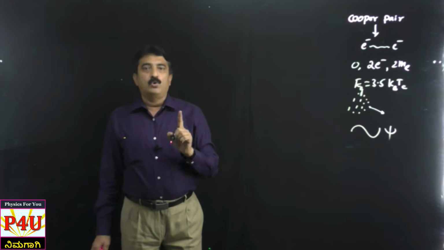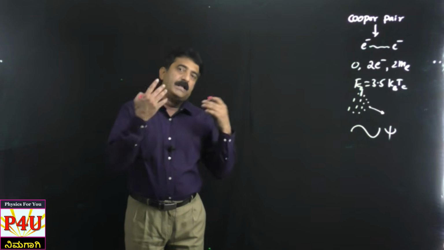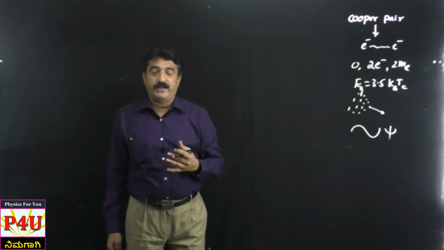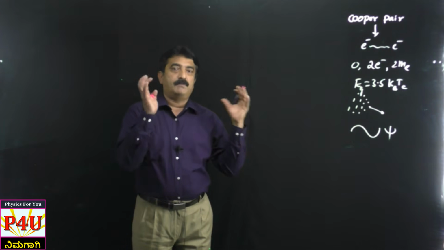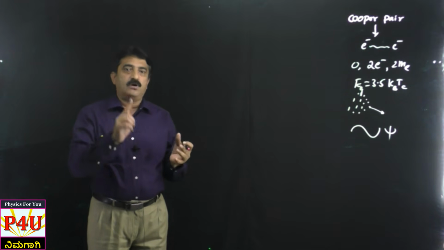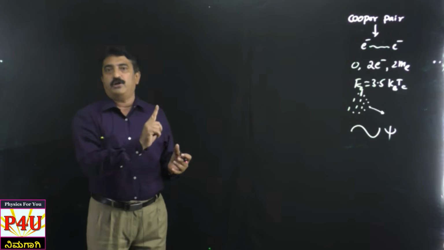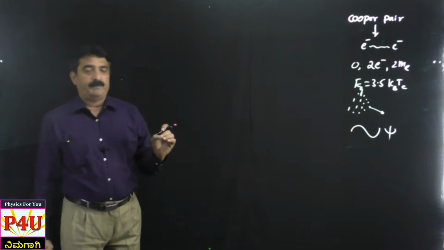Not only one Cooper pair, all those Cooper pairs formed within no time can be explained by one single wave function. That means one single wave function is equivalent to that bunch of Cooper pairs, and the entire bunch is now acting like one single molecule, which I called a macromolecule. This is about Cooper pair formation.